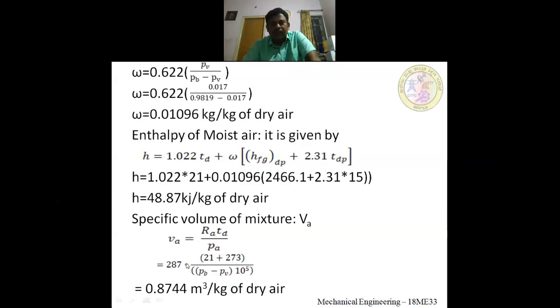The dry bulb temperature is converted into Kelvin by adding 273, and the pressure of dry air is nothing but PB minus PV, that is 0.9819 minus 0.017, into 10⁵. Just simplify, and you are going to get 0.8744 meter cube per kg of dry air. Understood how to find?